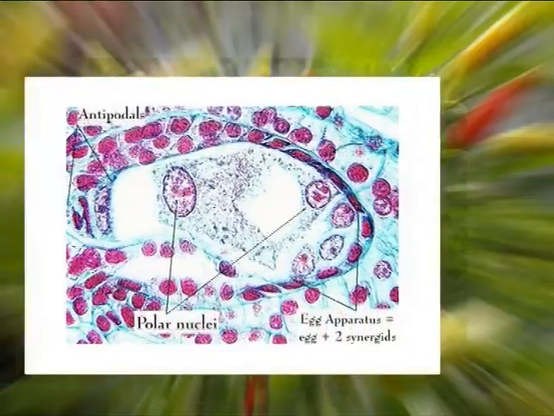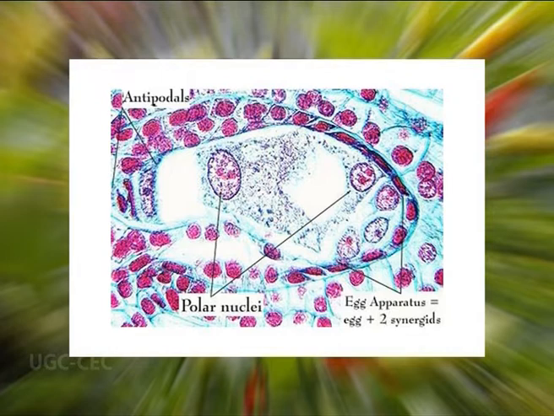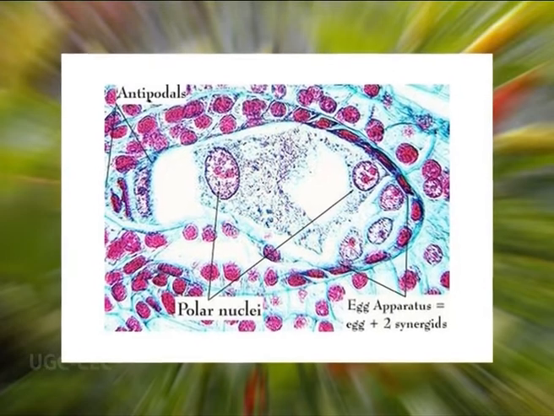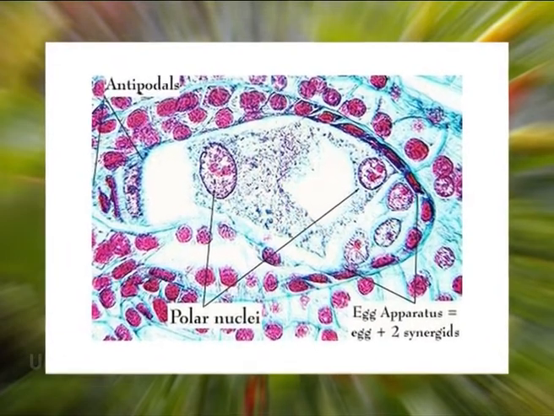Now the structure of female gametophyte. The female gametophyte, also called embryo sac, is mostly a 7-celled structure. It has a well-defined boundary and is surrounded by a thin cellulosic wall.